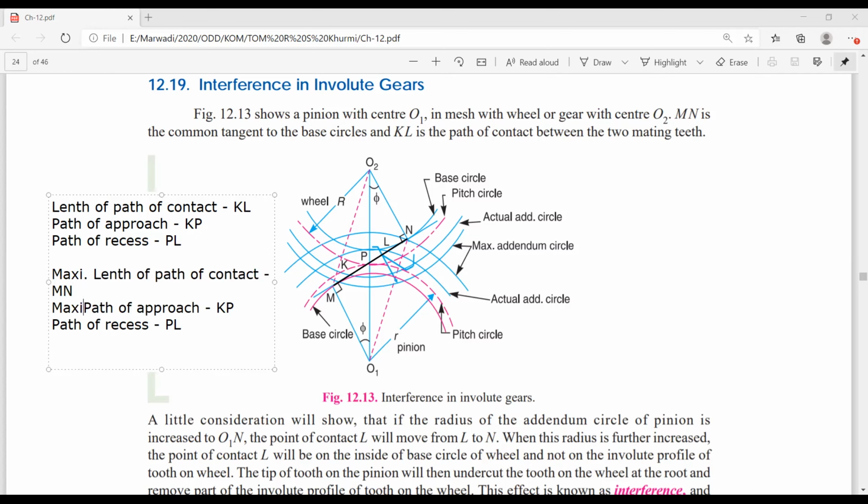The maximum path of approach is MP, and the maximum path of recess is PN.